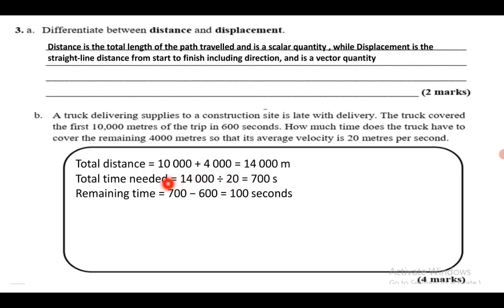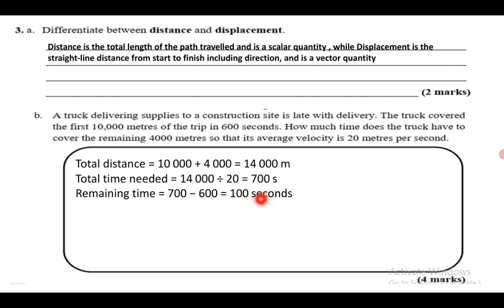But we are told that it has already used up 600 seconds. So to find the remaining time, just subtract the 700 seconds minus the one that it has already spent covering 10,000 meters.